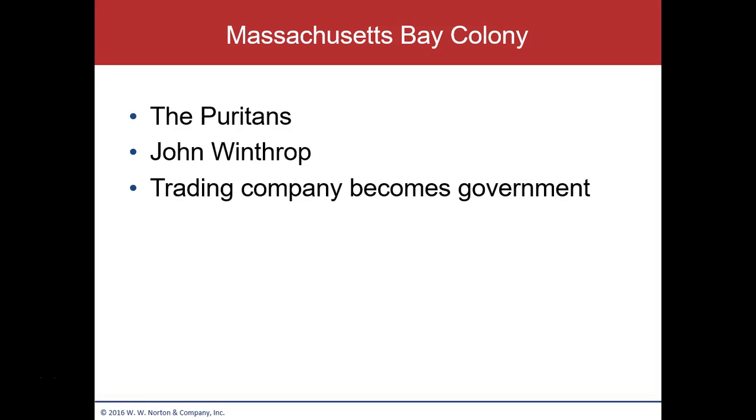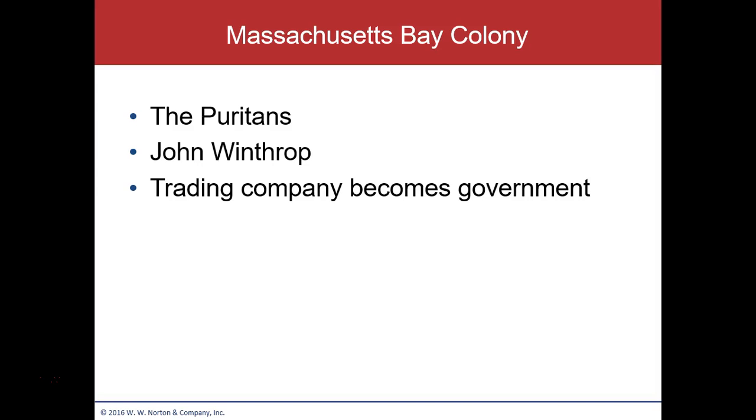All right. The Massachusetts Bay colony comes next. So the Puritans believe that the Church of England needs to be purified of any Catholic remnants left over from the Reformation. So they still think there's too much Catholicism in the Church of England. So in 1629, Charles I grants a charter to the Massachusetts Bay Company to allow Puritans, who are led by John Winthrop, to settle in the New World.